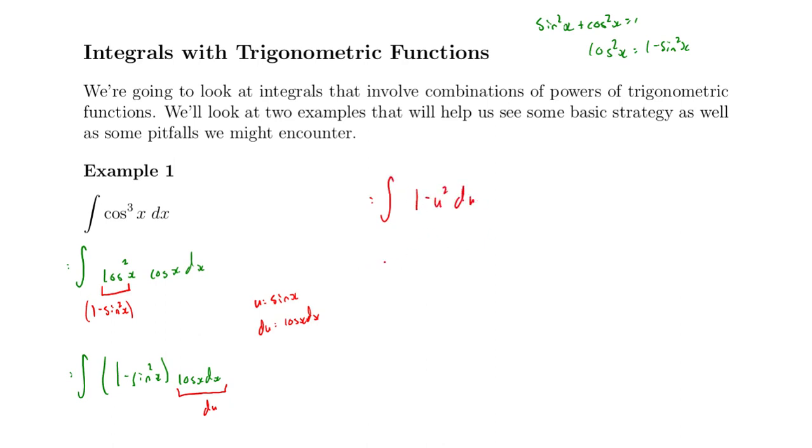This is an easy thing to antidifferentiate. The antiderivative of that constant 1 is just u, and then we've got u cubed over 3 plus our constant of integration. And if u was sine of x, we can call this sine of x minus sine cubed of x over 3 plus c. And we're good to go. So this works out pretty well.